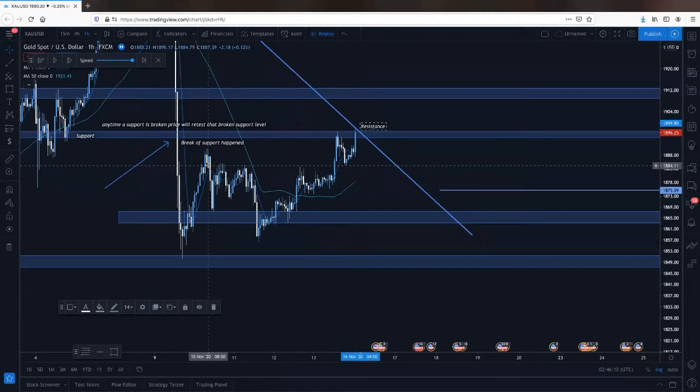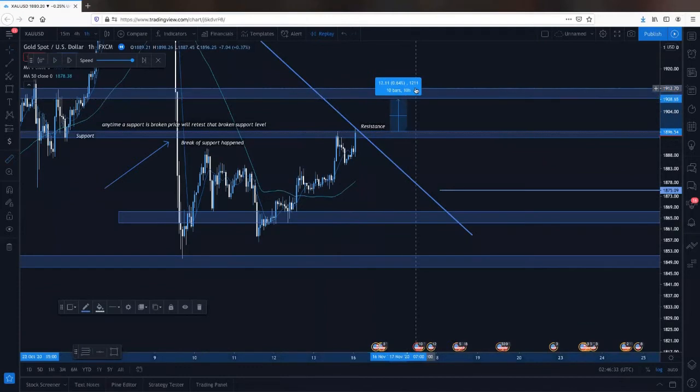So we know automatically we're going to be looking for a sell opportunity if it doesn't break out to the upside. If it breaks out, it's going to the next key level, which is right here. And this next breakout could be almost about 112 pips, just from here to here.